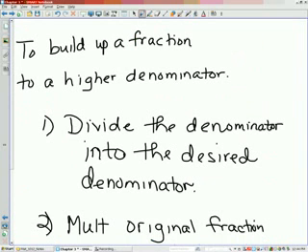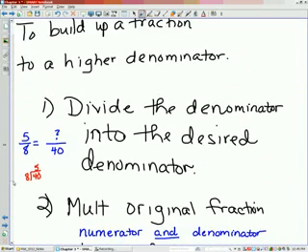The first step is you want to divide your denominator into the desired denominator. So for instance, if you had 5/8 is equal to what over 40? 8 goes into 40 5 times.